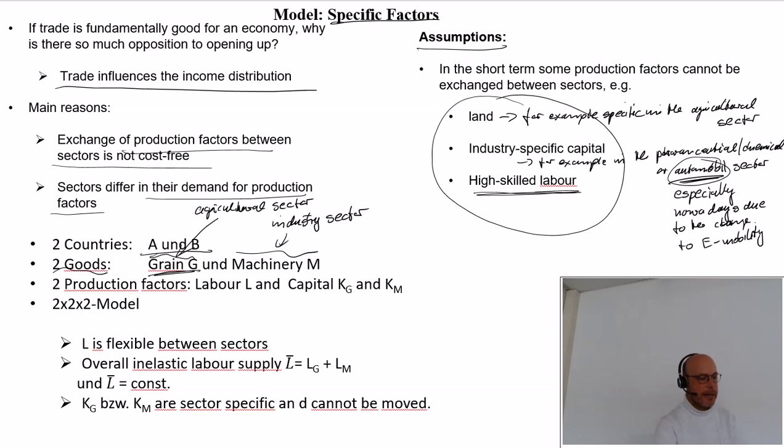And now we assume that we have two production factors, labor and capital.